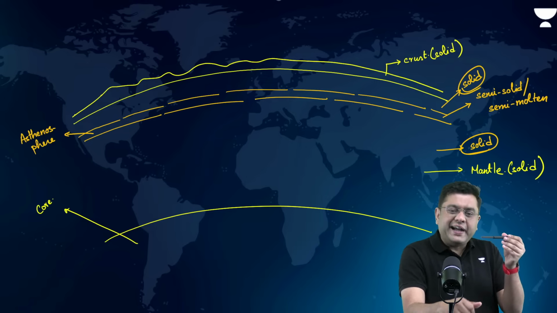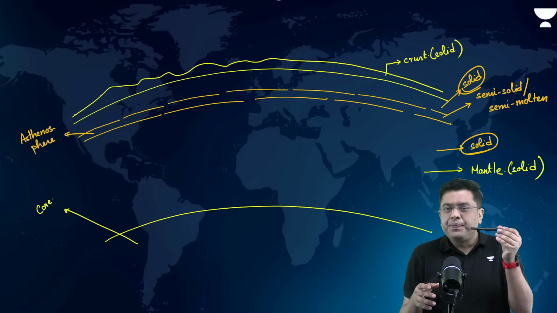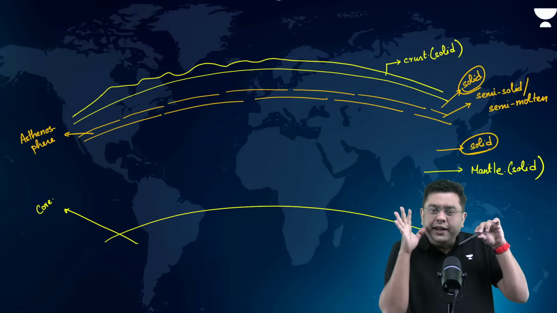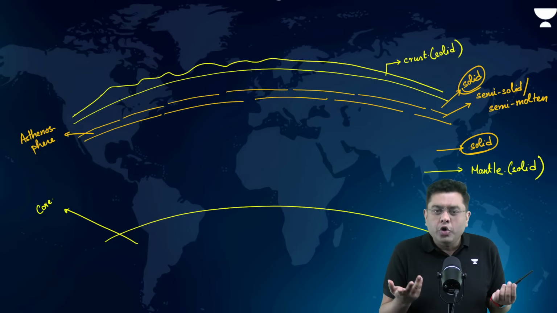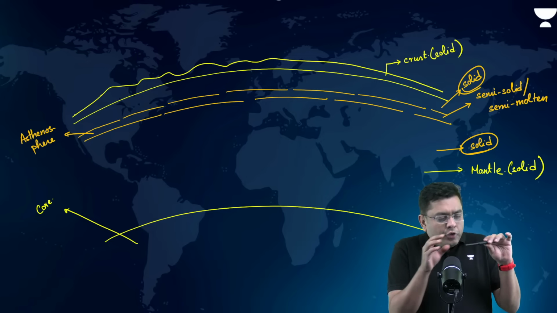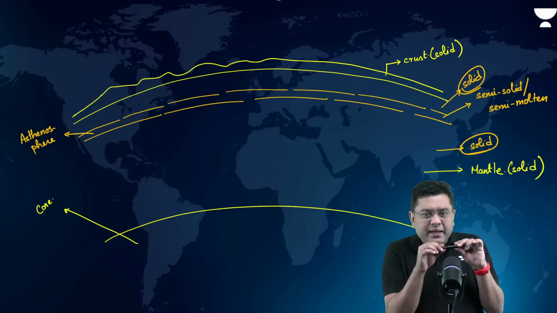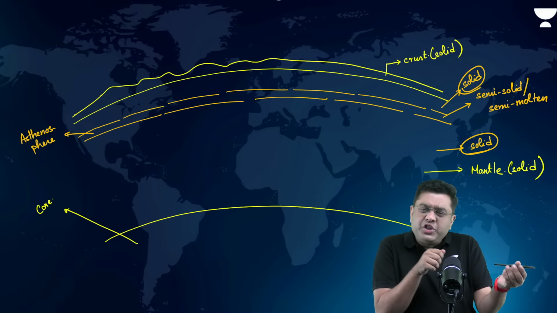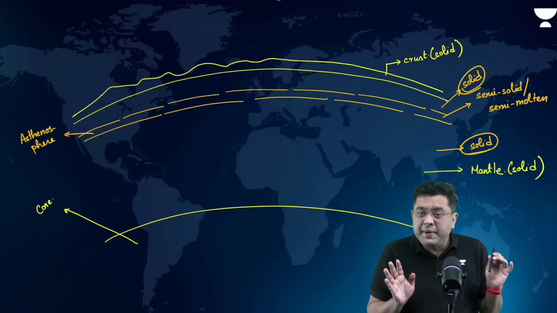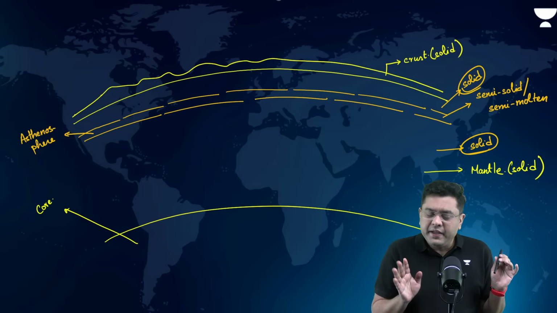Now let's suppose I start heating this plastic. Will it get converted into an absolute liquid? No, it will never get converted into absolute liquid. If I heat this plastic, it will be stretchable, partially molten, and still partially remain solid also, isn't it?